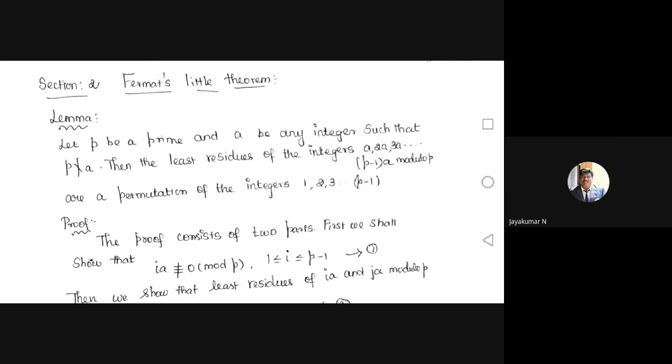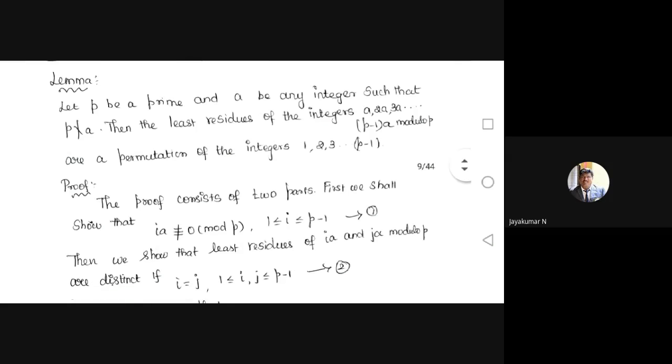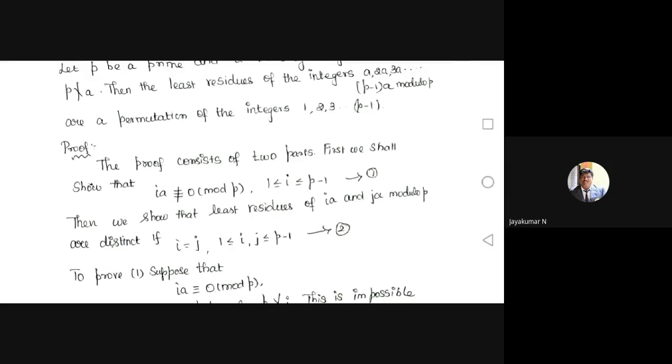The proof of the lemma consists of two parts. In the first part, we have to prove i into a is not congruent to 0 mod p. Here i takes the values between 1 and p minus 1.